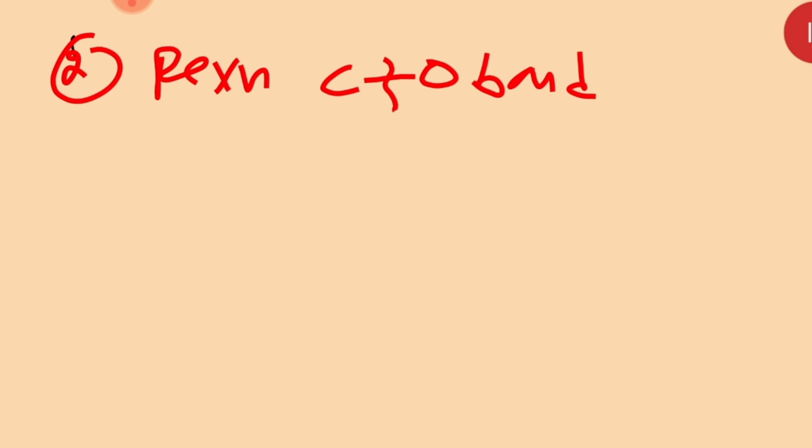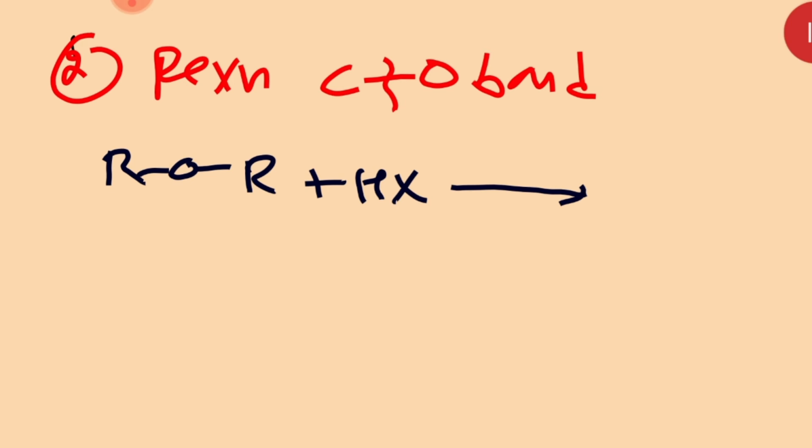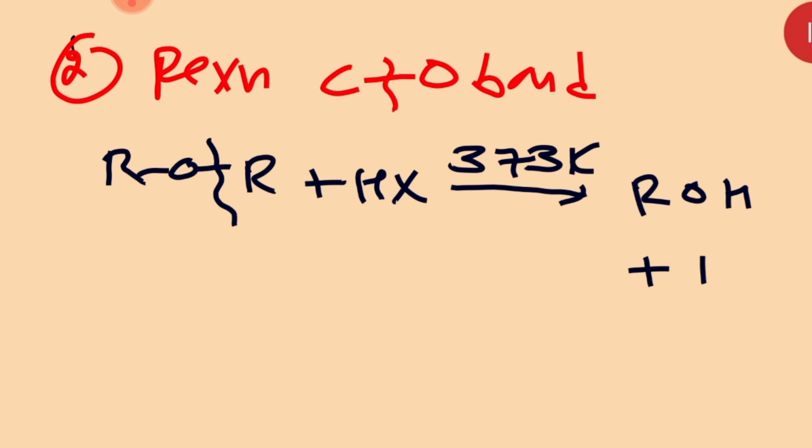When we are cleaving the bond, suppose this is ROR plus HX at 373 Kelvin. Let it be, we are cleaving from there. What will it become? ROH plus RX. Alcohol and alkyl halide we are getting over there.